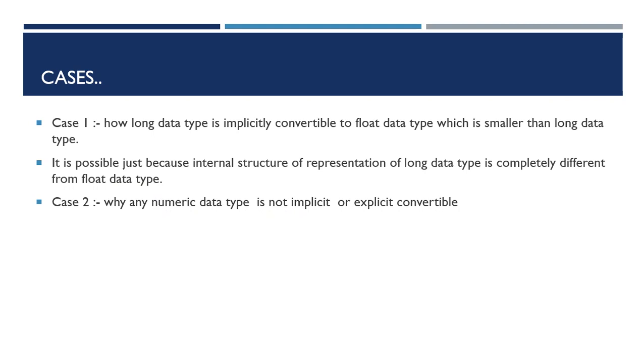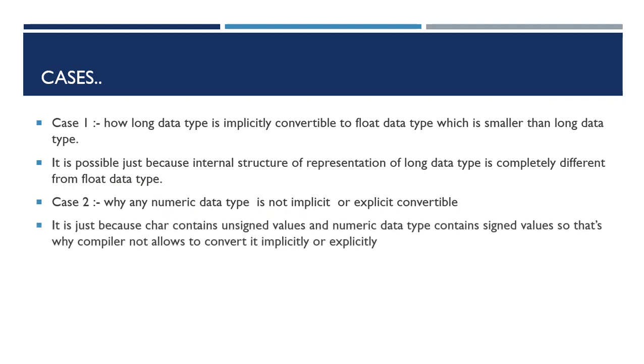Our compiler is not going to convert it. Why, friend? It is just because char contains unsigned values and numeric data contains signed values, as I discussed with you. So that's why the compiler does not allow converting it implicitly, and we cannot convert these values explicitly either.